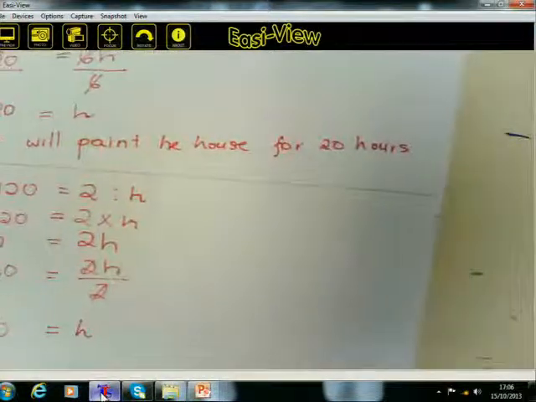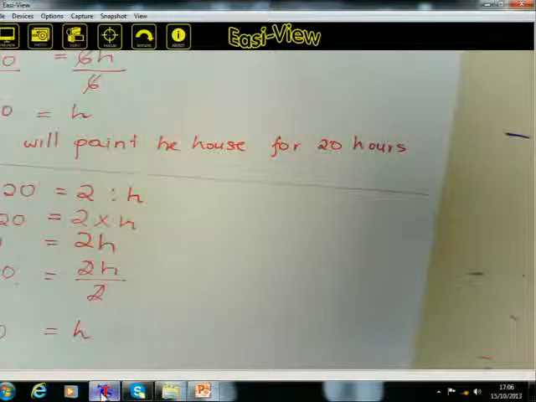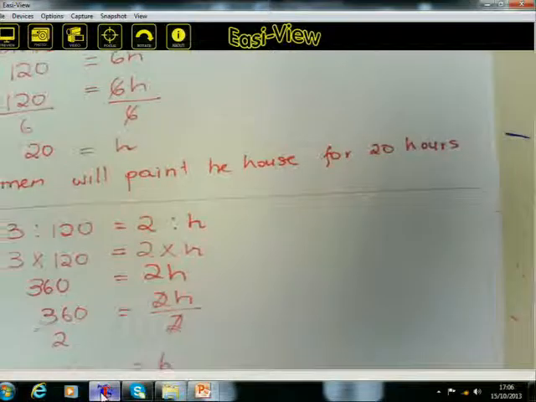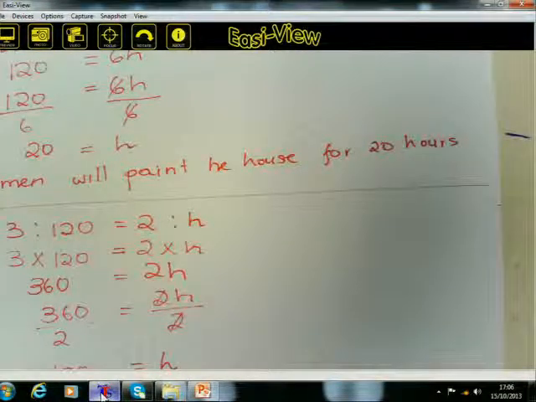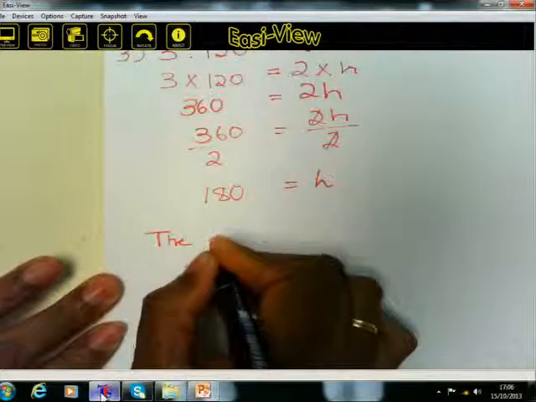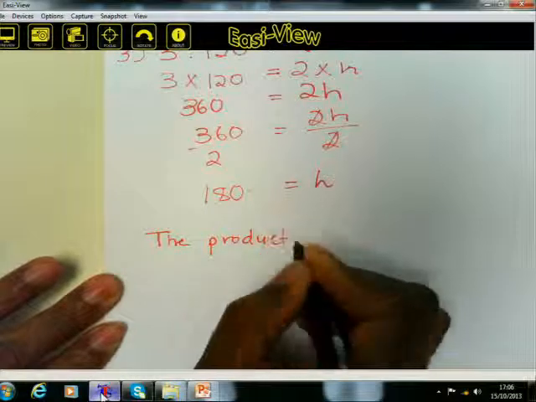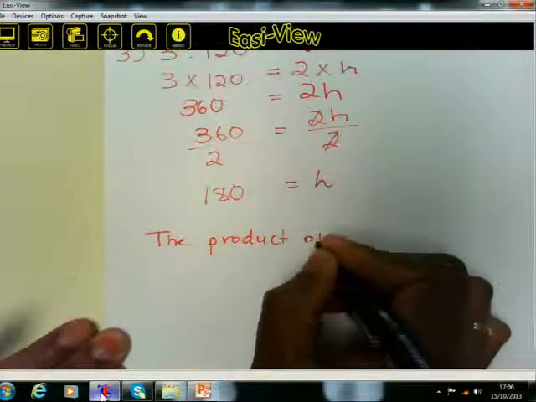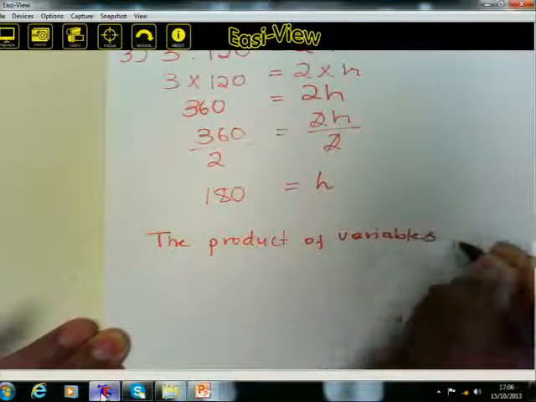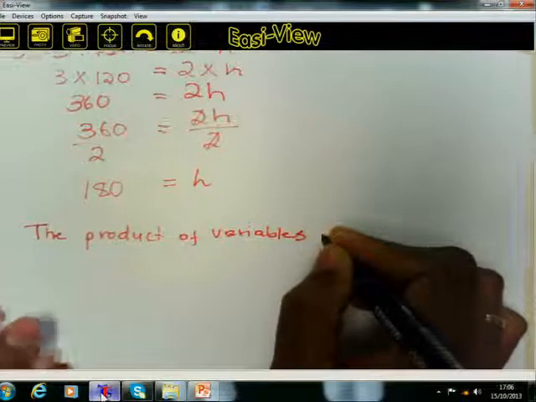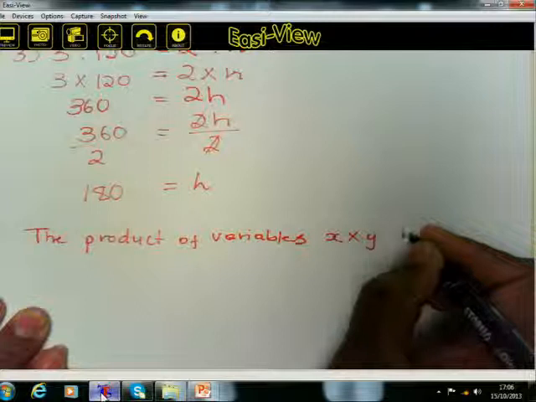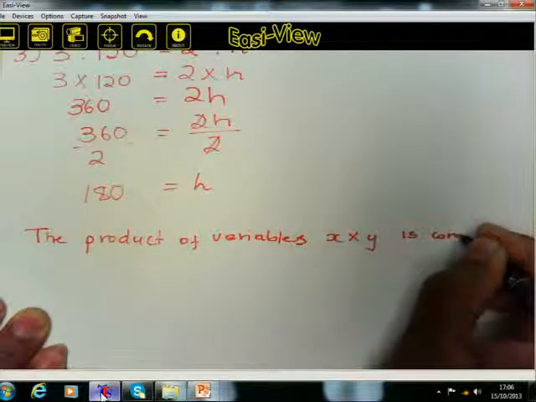So now if we look at the example that I'm going to show you of the direct proportion and the indirect proportion, the product, when given a table of variables, we'll just make the example of x multiplied by y is constant.